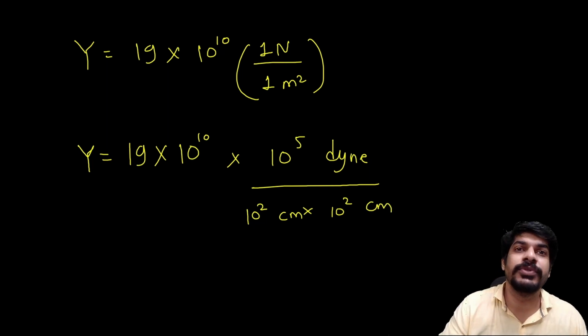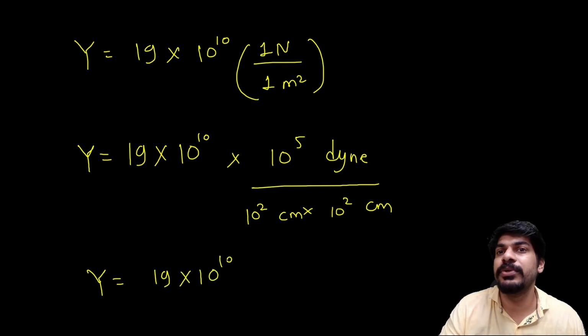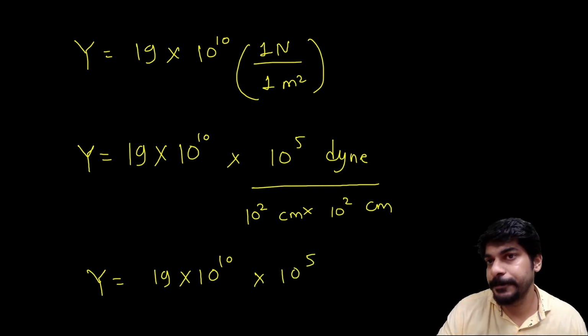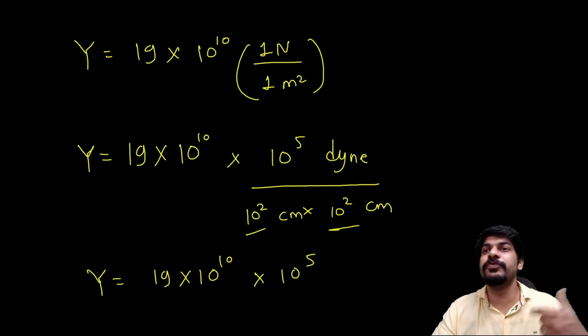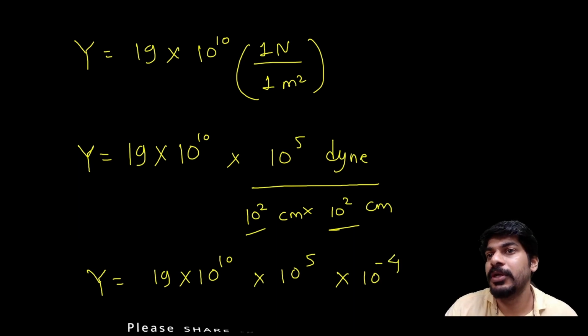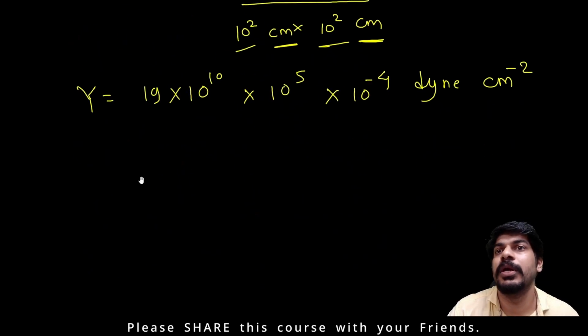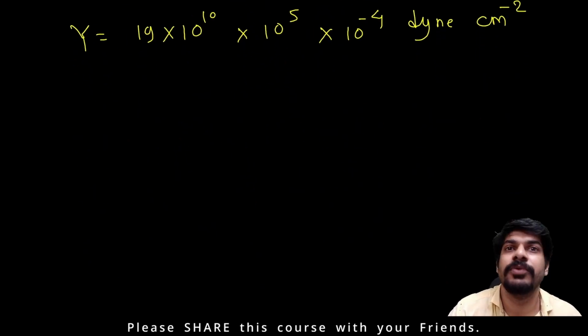Finally, Y is equal to 19 into 10 raised to 10, into 10 raised to 5. This 10 raised to 2 and 10 raised to 2 will become 10 raised to 4, and when it comes to the numerator, it will be 10 raised to minus 4. Dyne is the unit, and here centimeter squared, so it will be centimeter raised to minus 2. Now let's see what we are left with.